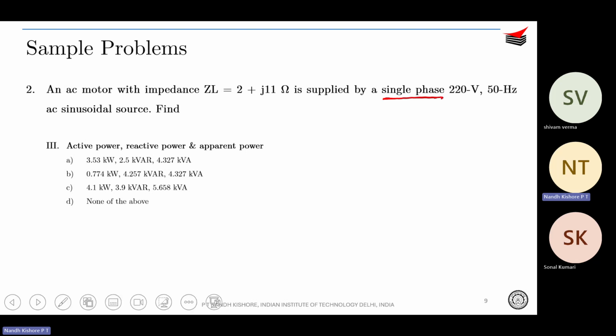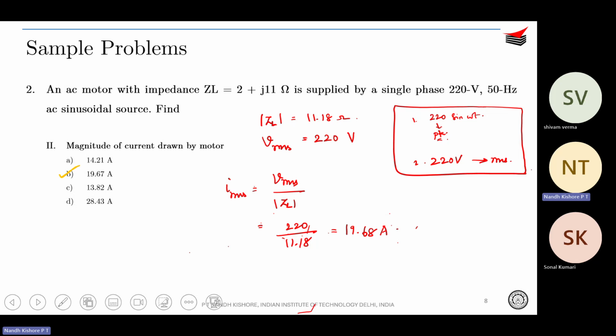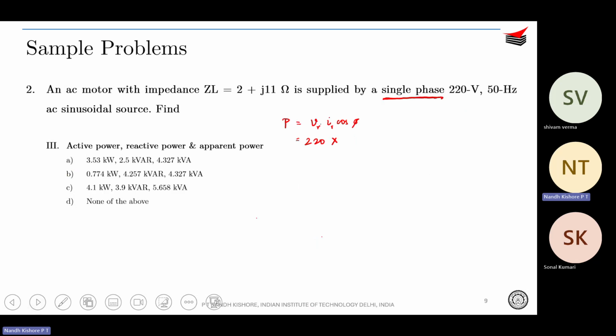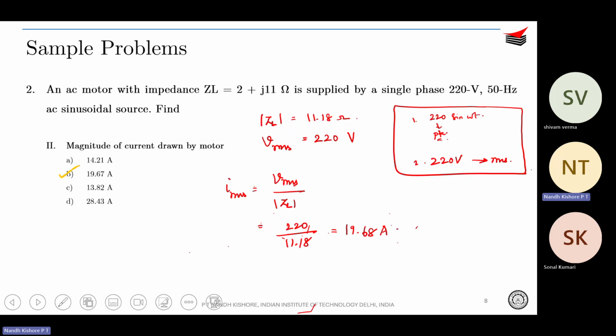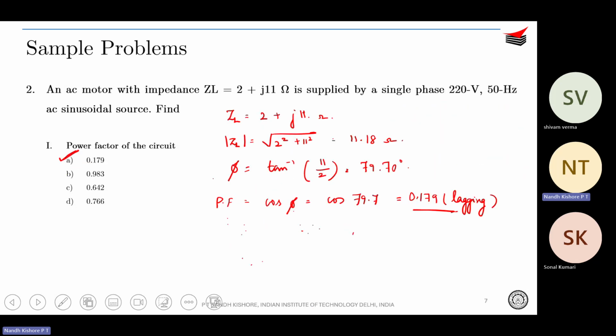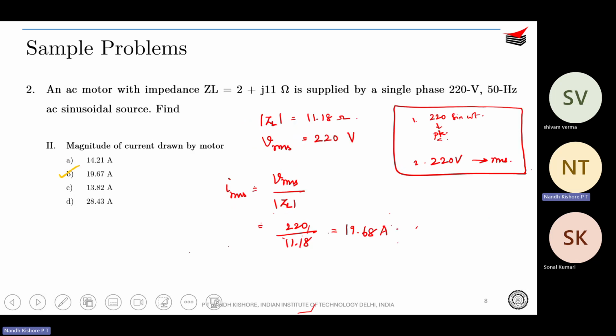So what is the real power? Real power is going to be VRMS, IRMS, cos phi. VRMS is 220 volts and we calculated IRMS as 19.68, and cos phi from the first slide is 0.179.